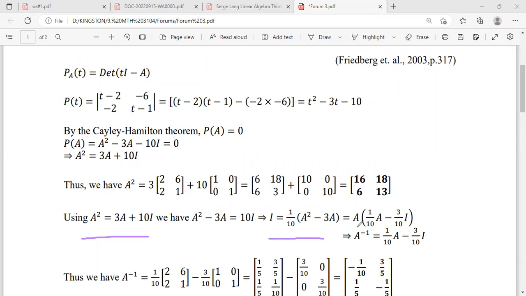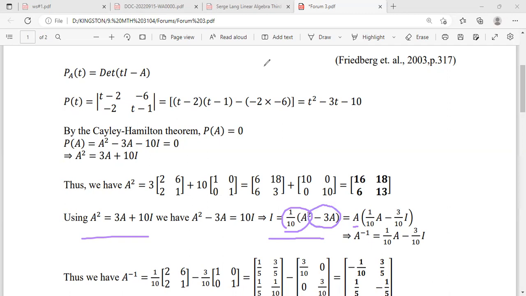So we'll factor out an A here. You can see me doing that here. So A into 1/10 of A will cover for the first part here. And A into negative 3/10 I will cover for the second part at the back here.